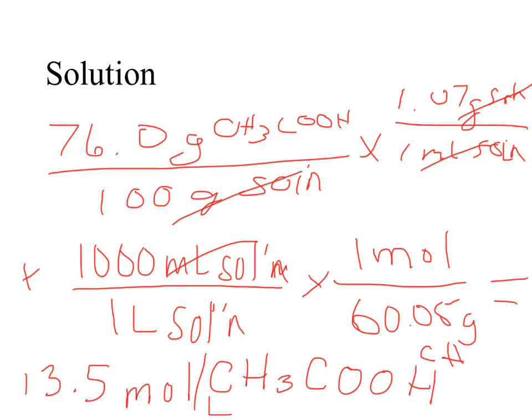Yeah, moles per liter. Very good. Any questions? Okay, so grams in the last term, the molar mass, canceled with grams of acetic acid in the first term. Score. All right, high five.